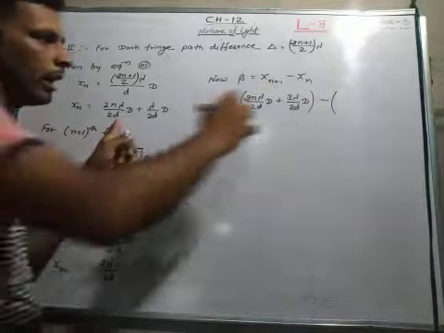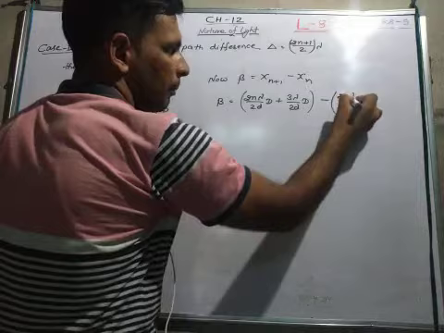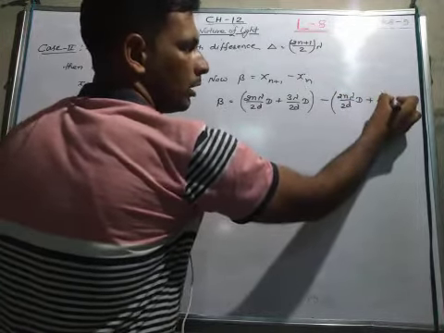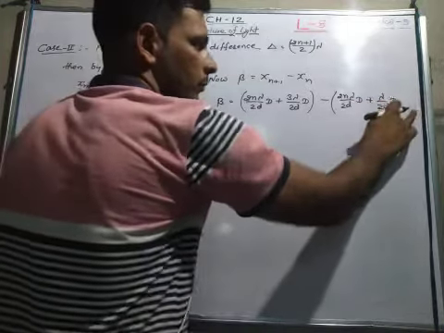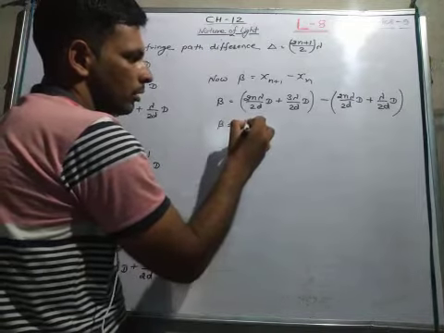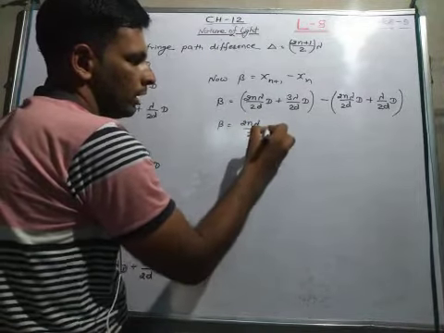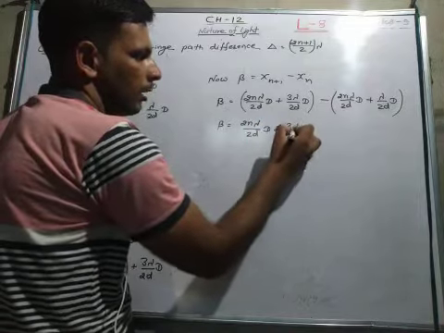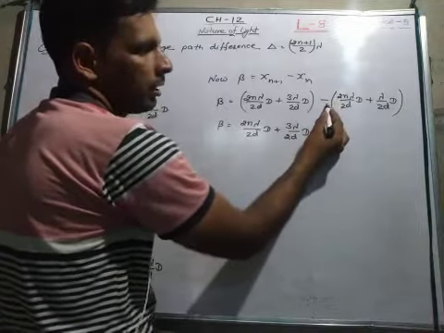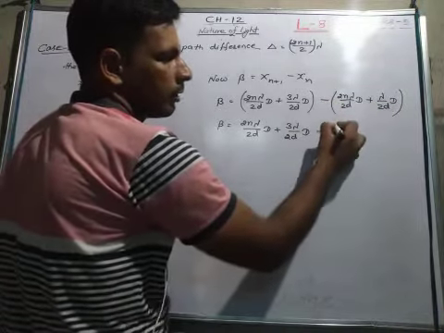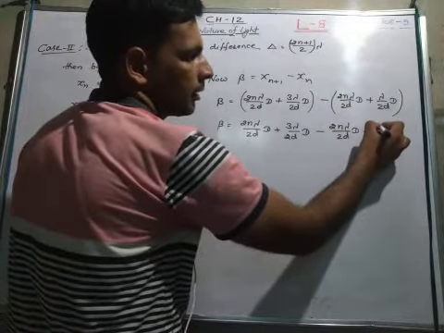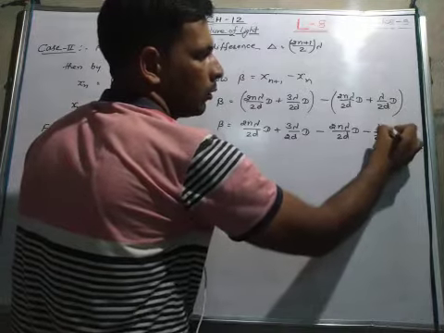Xn's value is 2n lambda upon 2d into D plus lambda upon 2d into D. Okay, now we remove the bracket, then beta is equal to 2n lambda upon 2d into D plus 3 lambda upon 2d into D. This is a negative symbol, so both will be negative. Then 2n lambda upon 2d into D minus lambda upon 2d into D.